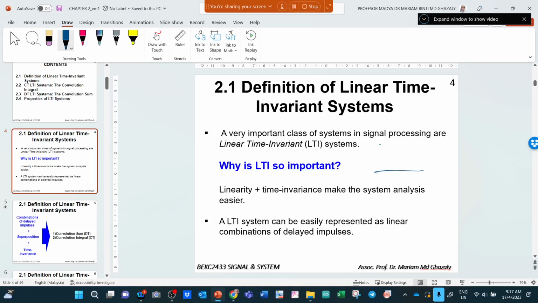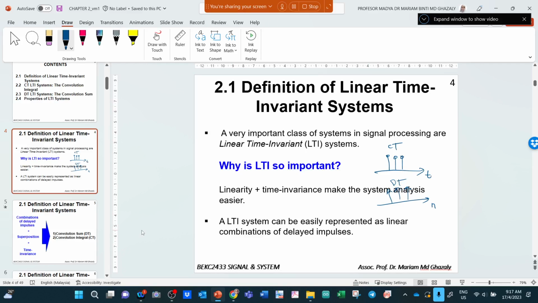So in continuous time you draw a pulse like this, right? This is continuous time, and in discrete time you draw the pulse like this. So this one will be continuous time, this will be discrete time.